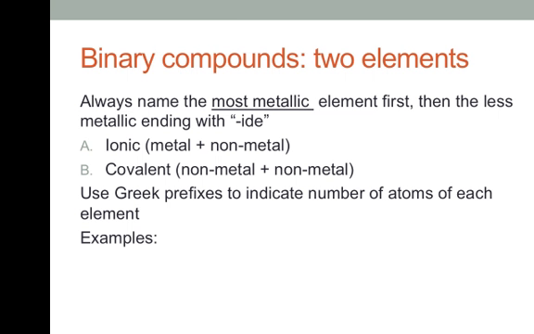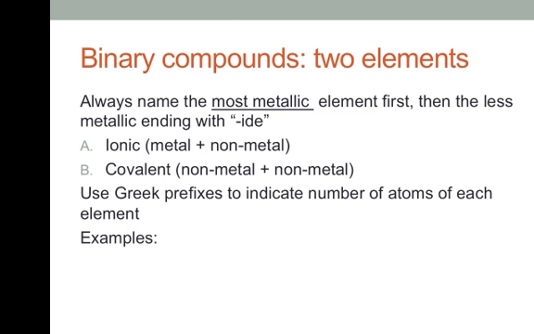Notice we still end with "ide" for the second element mentioned, because we have this general rule for binary compounds that you have to end the second one with "ide," and we still just name the element for the first one. So it's diarsenic, not sulfur, trisulfide.